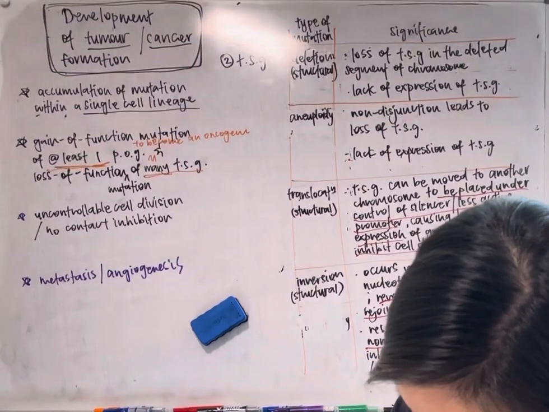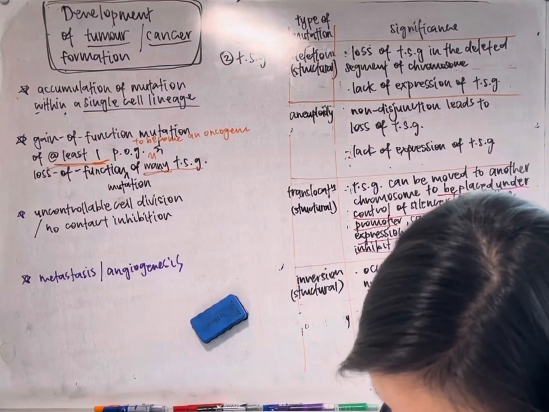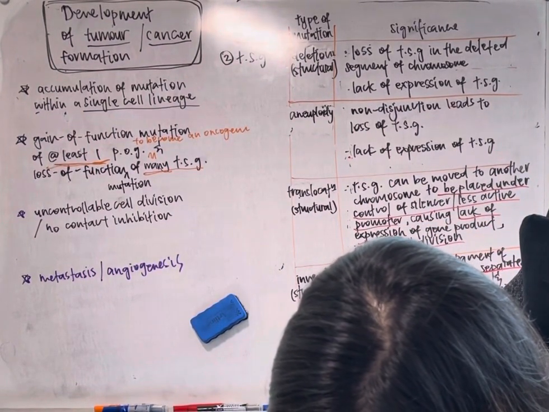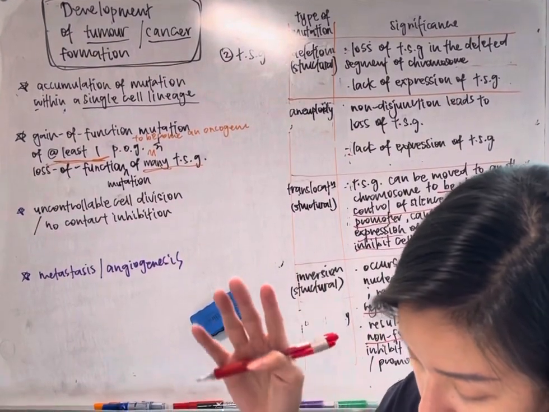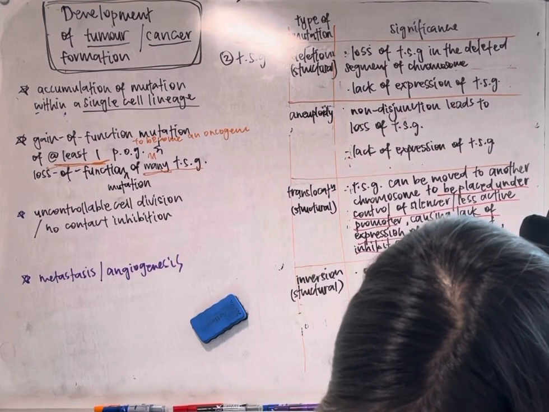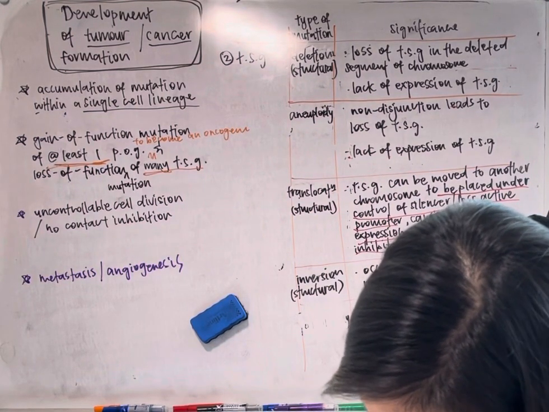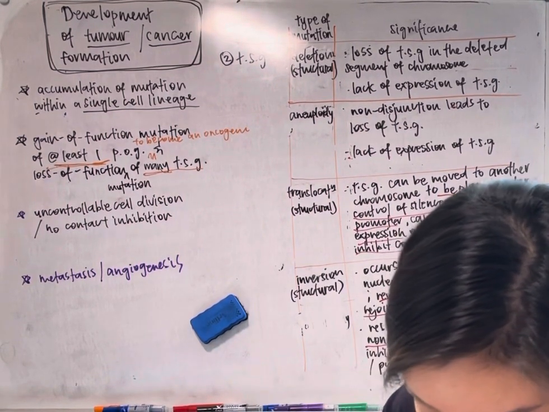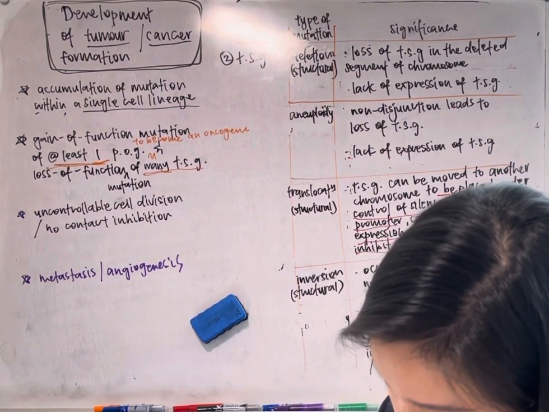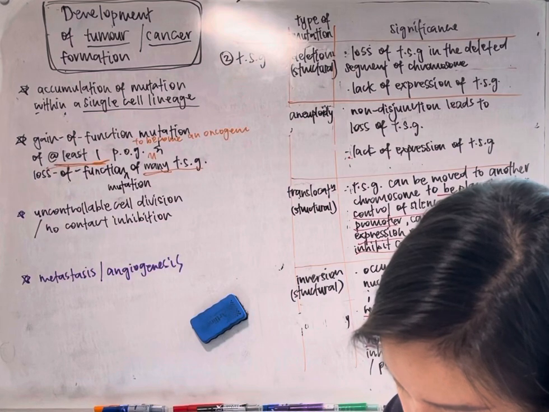Good that you can recognize proto-oncogene that undergoes keyword gain of function mutation becomes oncogene. Always must write proto-oncogene becomes oncogene. You say production of hyperactive product, overproduction of this. I accept your answer. However, I will not accept overstimulation of cell division.